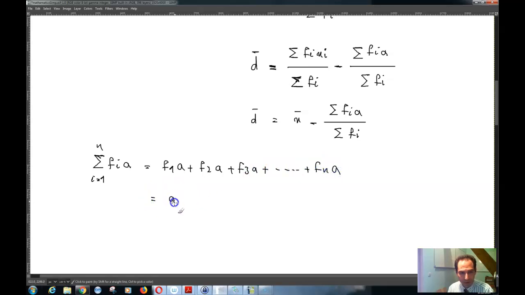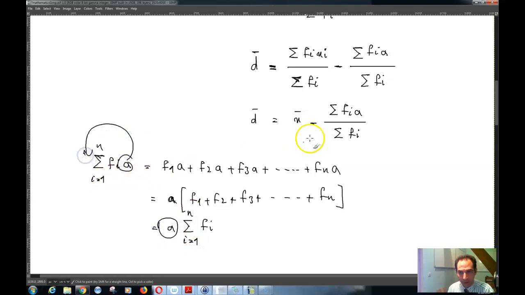So you can write this as a times f of 1 plus f of 2 plus f of 3, all the way up to f of n. And that's equal to a times sigma f of i as i goes from 1 to n. So you can take this a out.